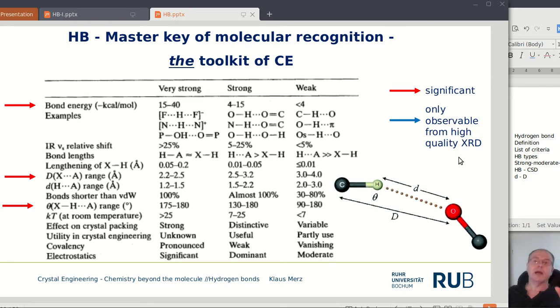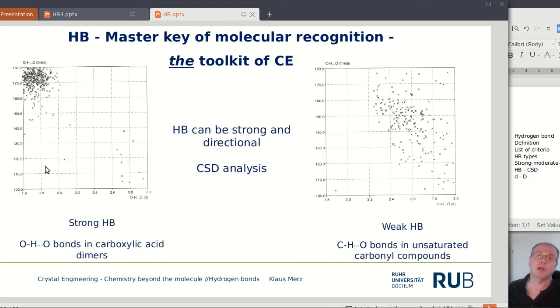In this case, you can discuss, interpret and analyze bond lengths involving hydrogen, and you can think about enlarged bond lengths, for example. So once again, only observable or useful if you have a very high quality X-ray crystal structure. Good.